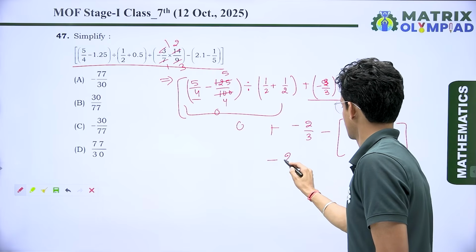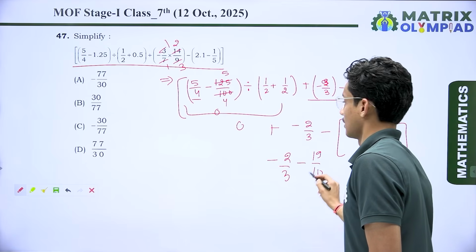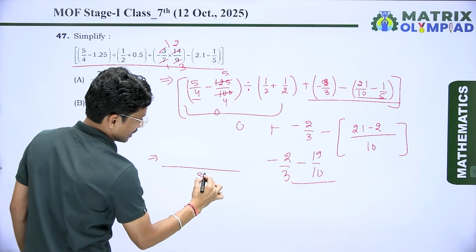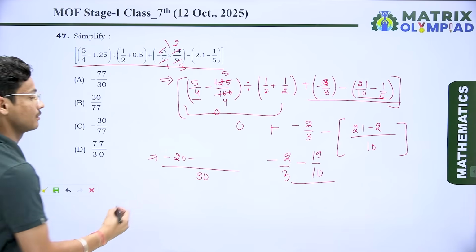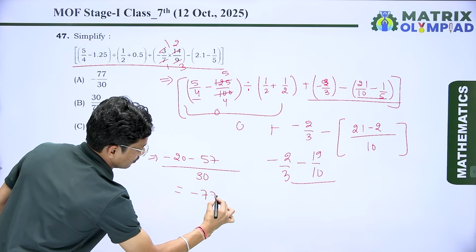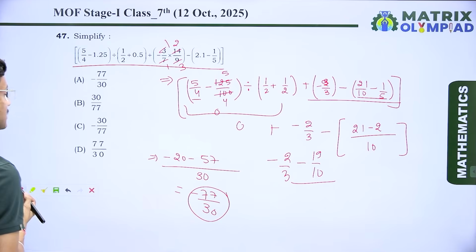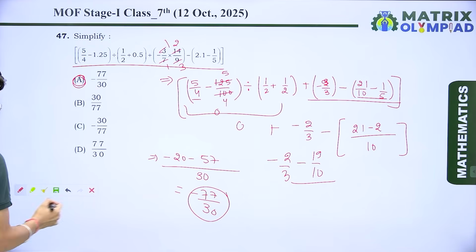So minus 2 upon 3 minus 19 upon 10. Now we take LCM, that is 30. So I can write here minus 20, and here we get 19 3s are 57. So here we get minus 77 upon 30. So check which option is correct, minus 77 upon 30. It means option number A is the correct answer over here.